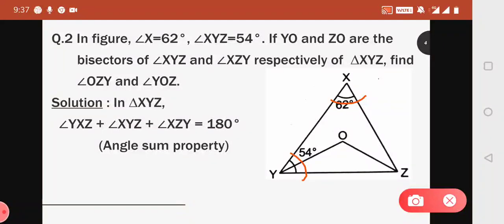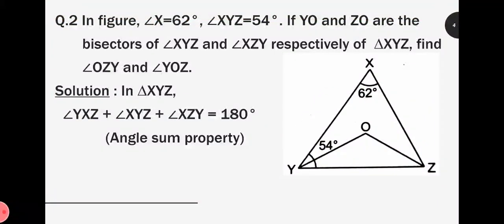We will first find this whole angle. So using the angle sum property, that is angle YXZ plus angle XYZ plus angle XZY equals 180 degrees, insert the values of the given angles. We get 62 degrees plus 54 degrees plus angle XZY equals 180 degrees.